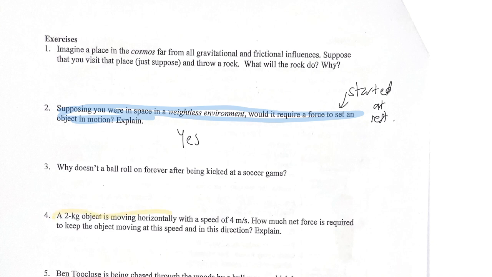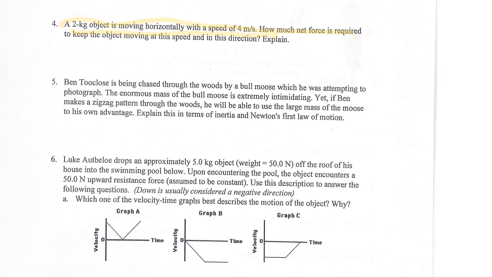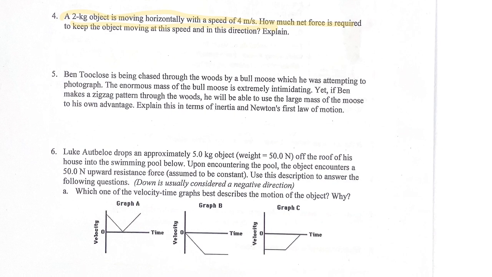Number 4. A 2 kilogram object is moving horizontally with a speed of 4 meters per second. How much net force is required to keep the object moving at this speed and in this direction? How much force is required to keep the object moving? Any ideas? 8? Nope.